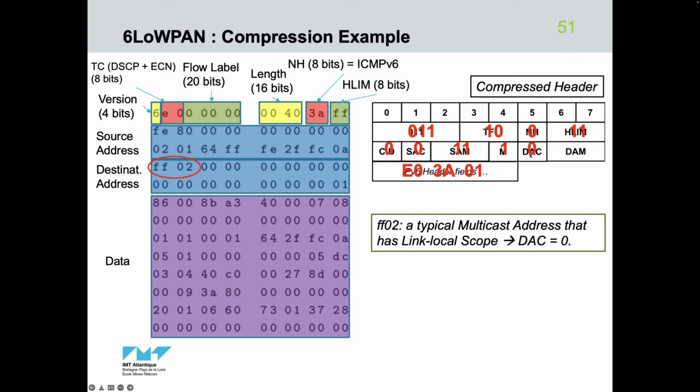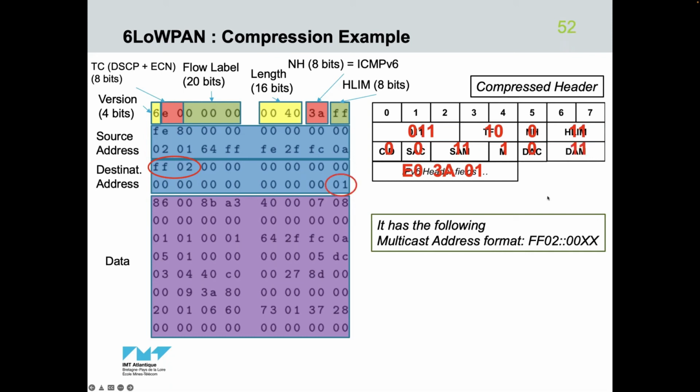And then we have DAC equal to 0, which represents a stateless approach as well for the compression of the destination address. Indeed, here we have as well a link local scope, so the DAC is equal to 0.